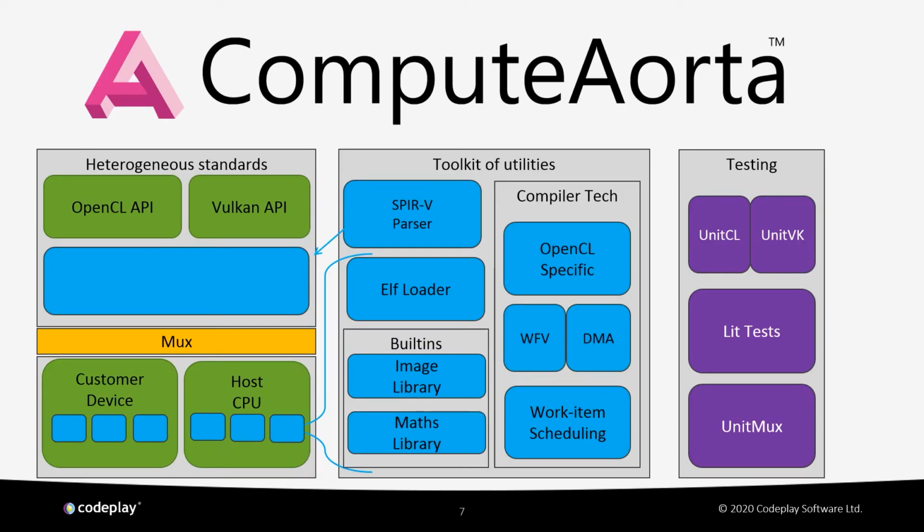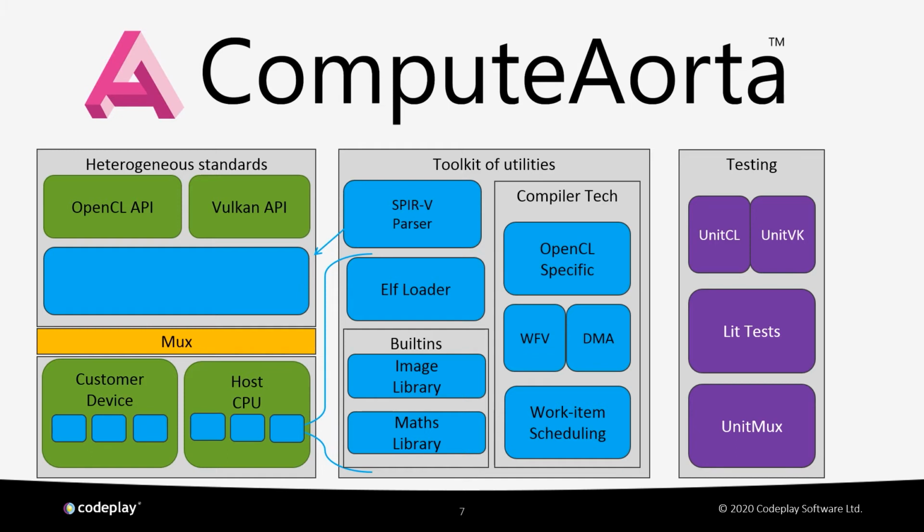I've described ComputeAorta as a toolkit, and this slide gives an overview of some of the items in that toolkit. Ewan will describe some of these items in more detail later on, so here I'll just give an overview. At the left, we have the heterogeneous standards that we implement, such as the OpenCL API or the Vulkan API. These are generic components that are delivered in identical form to all customers that require them.